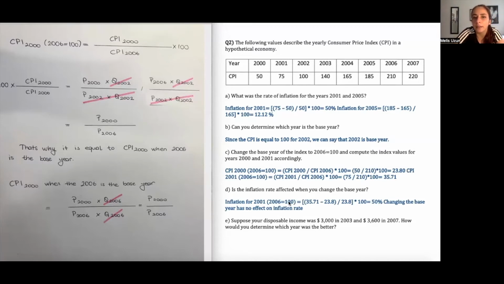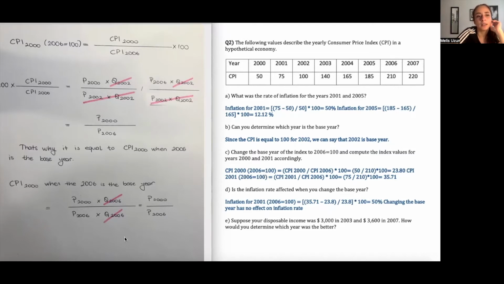So we have the information of the CPIs in years 2000 to 2007, but the CPI is calculated when the base year is 2002. So option C asks us to change the base year to 2006. How can we use these CPIs and find a new CPI of 2000 when the base year is 2006?